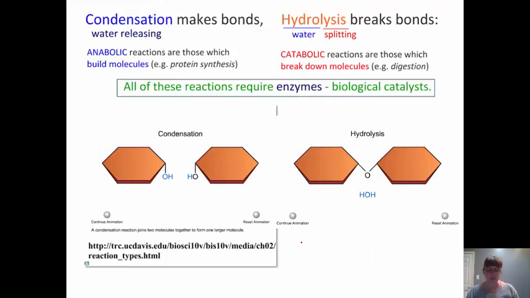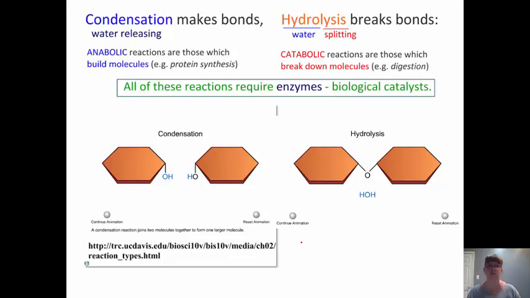All right, if we remember from our 2.1 molecular biology notes, we've already learned about condensation and hydrolysis, but now we're going to be more specific when we're talking about the carbohydrates, and then later we'll put this in terms of the lipids. So just as a review, condensation makes bonds.